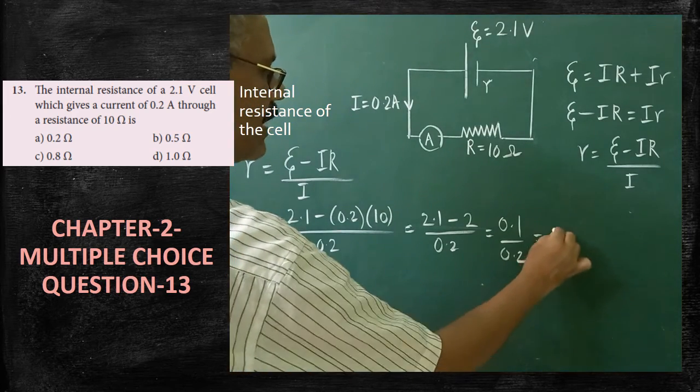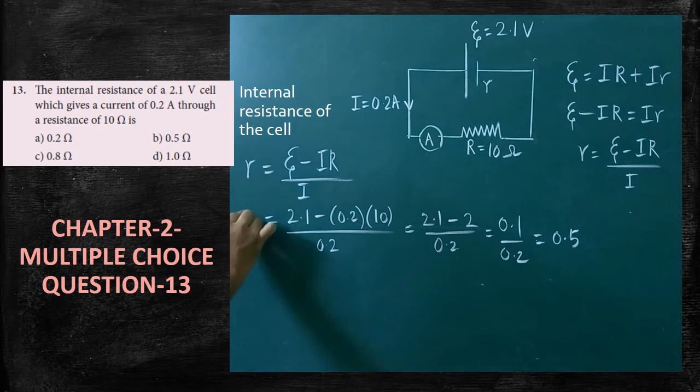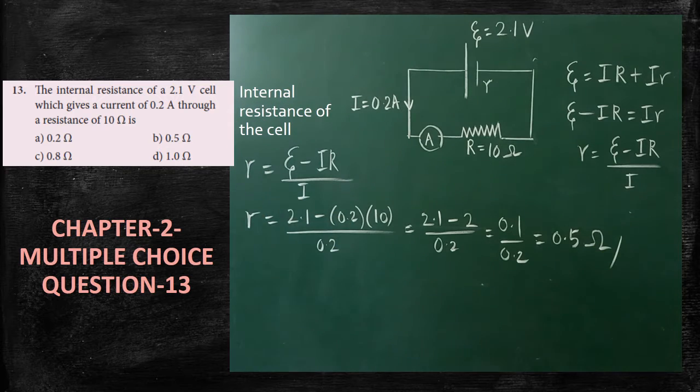Therefore, the answer will be 0.5. Since it is internal resistance, this must be measured in terms of ohm. So, as per the textbook problem, the correct option is B. There the 0.5 ohm is given.